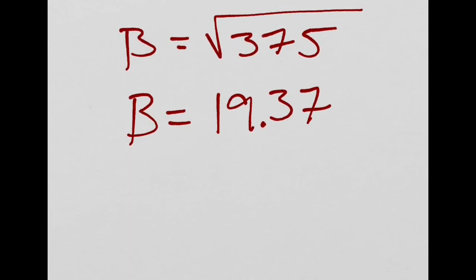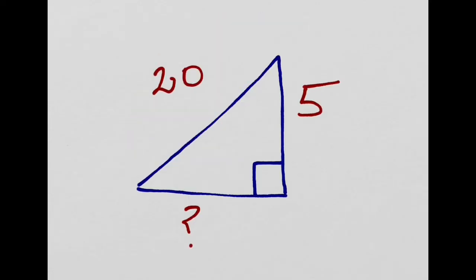Make that point a little bigger there. And therefore we have figured out that this side here is 19.37. If you wanted to double check that, you could punch in your calculator 19.37 squared plus 5 squared, and the square root of that should give you 20, which it does.